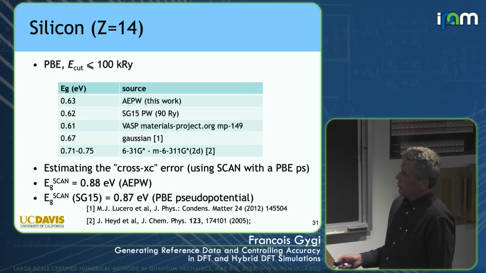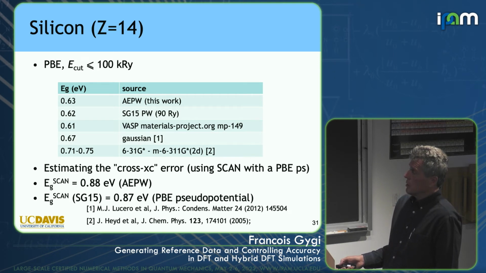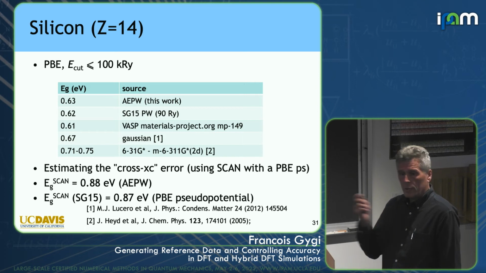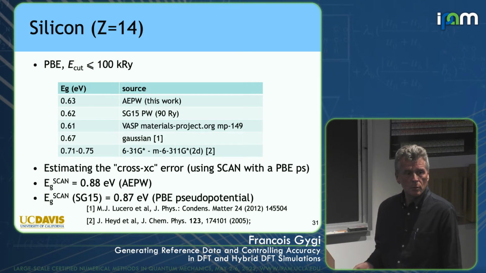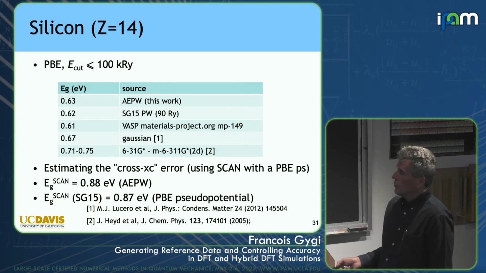If I use the SCAN functional with this PBE potential, the SG15 that we had developed, how far am I? Well, I can know that because now I can run this all-electron PW calculation with SCAN. All electrons treated with a SCAN functional and converge it. I get this gap. If I use the SG15 potential, I'm pretty close again.